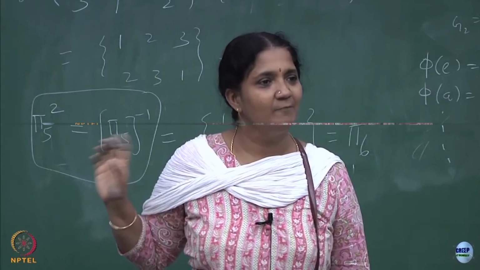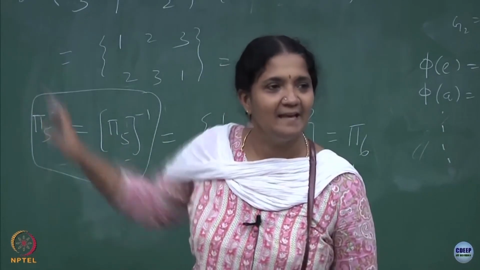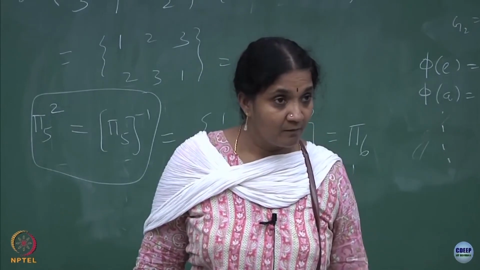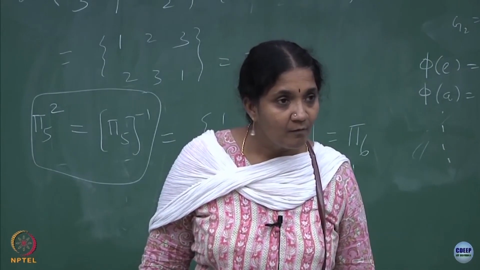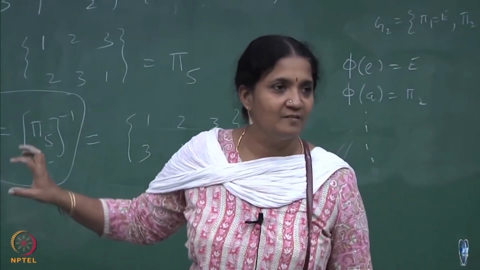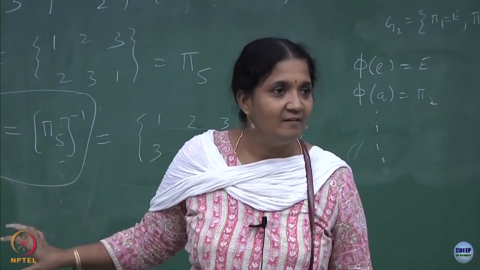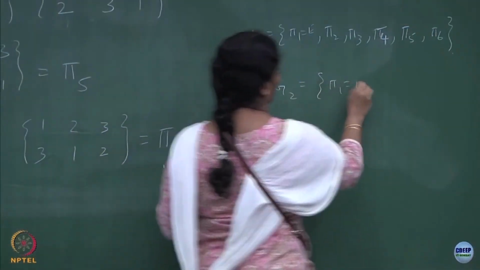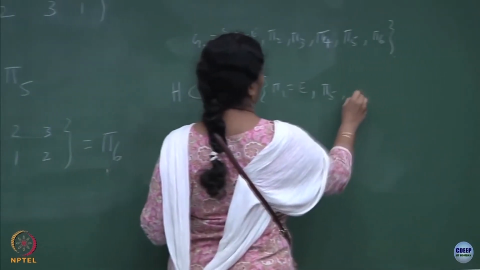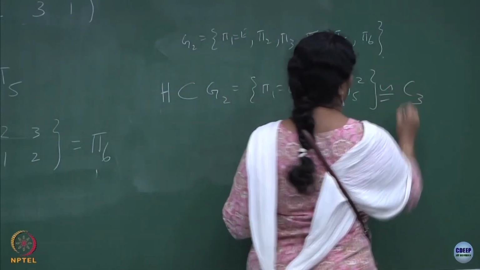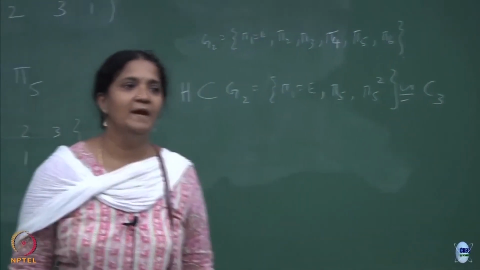So, pi 6 and pi phi are not independent elements, they are elements of the set. A subgroup of the symmetric group of degree 3. So, let me write it. Will be isomorphic to C3.